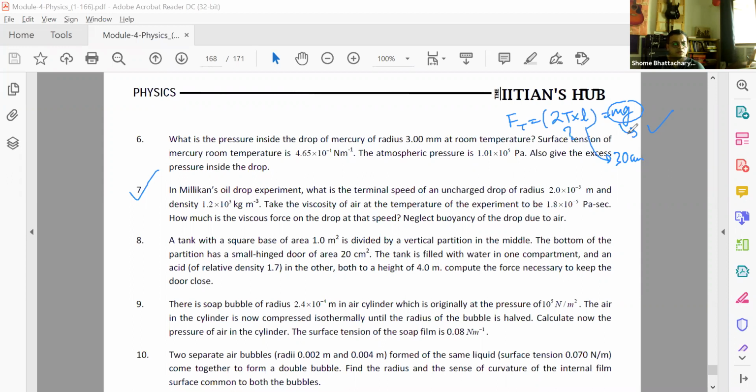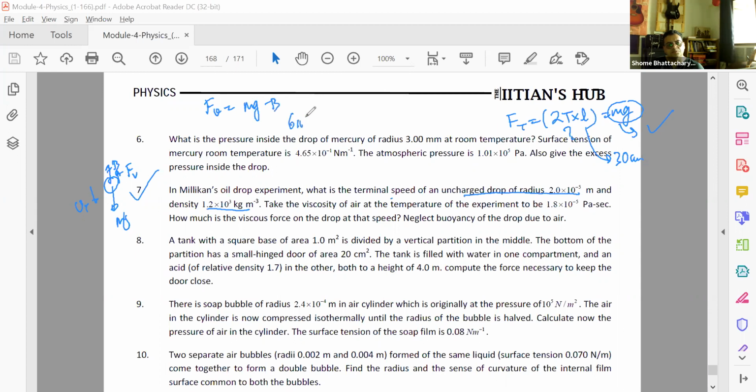Okay, now let's come to this Millikan oil drop experiment. Terminal speed of an uncharged drop is this much. So for the uncharged drop, the terminal speed we calculate from the normal method only: mg, buoyant force and viscous force. In terminal velocity condition, the viscous force is equal to the apparent weight.